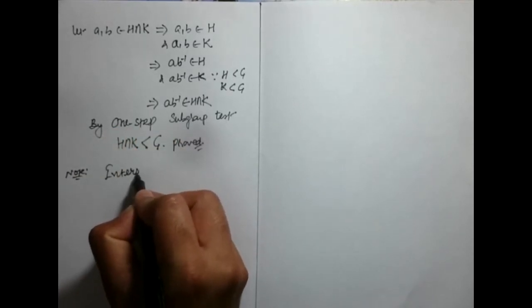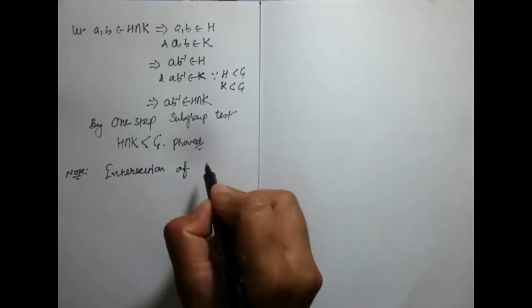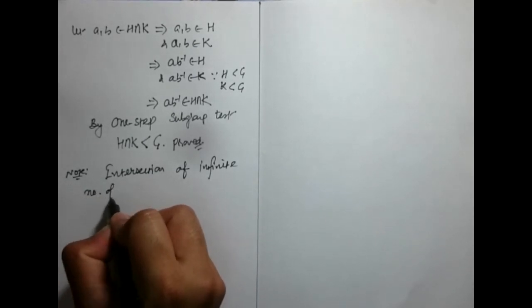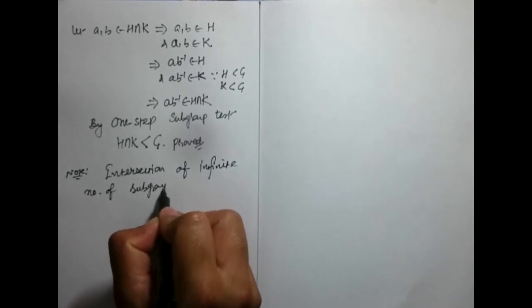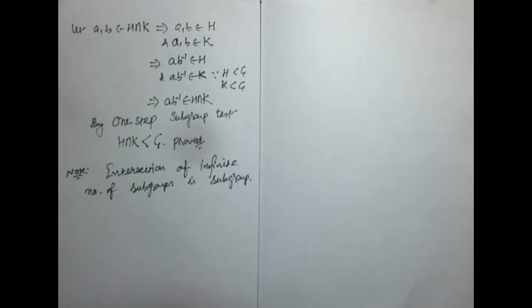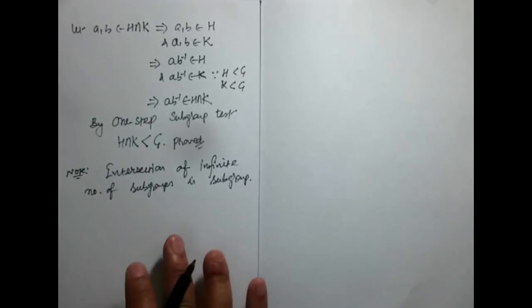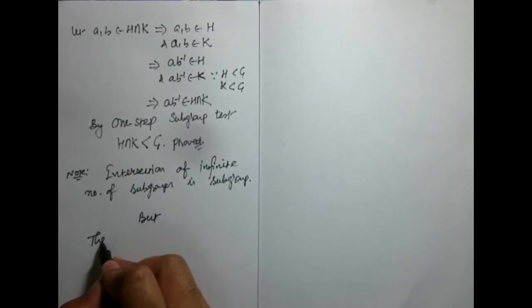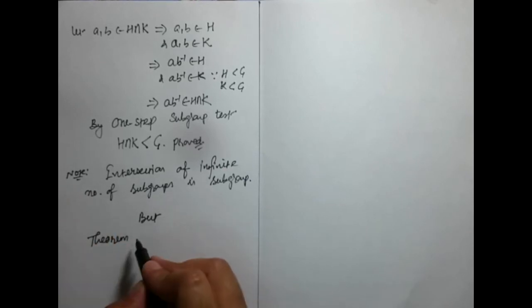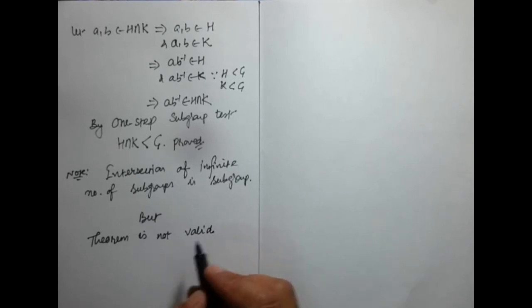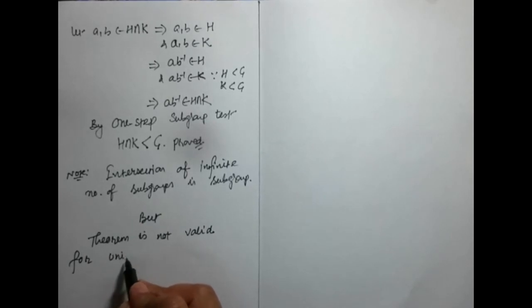Now intersection of infinite number of subgroups is a subgroup. आप ये इनफाइनाइट नंबर ऑफ सब ग्रुप के इंटरसेक्शन के लिए भी प्रूफ कर सकते हैं, but the theorem is not valid for union.